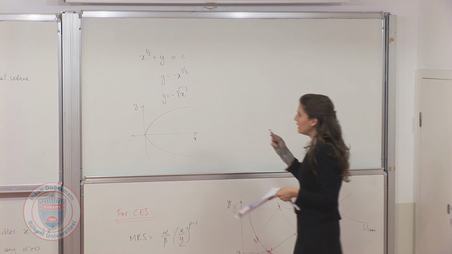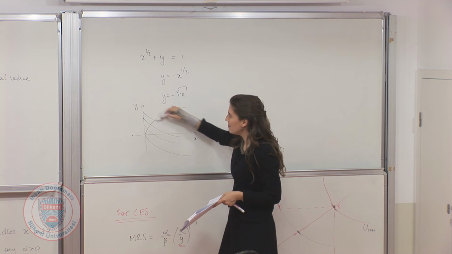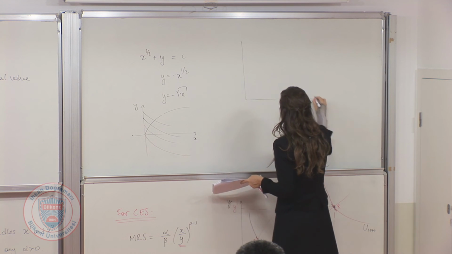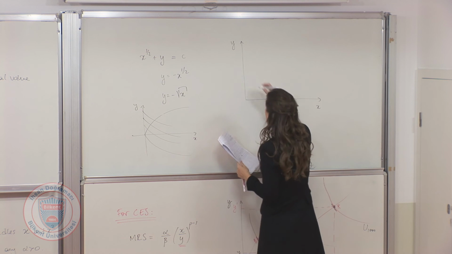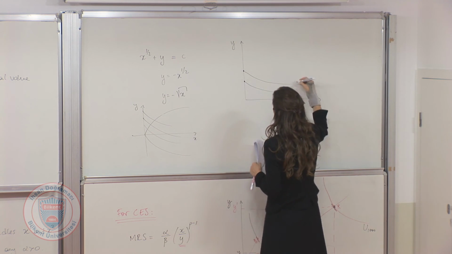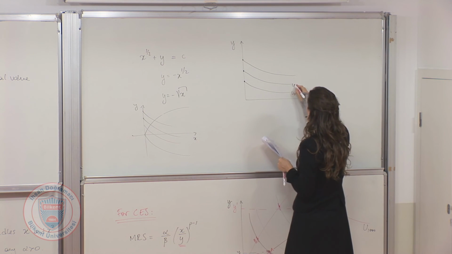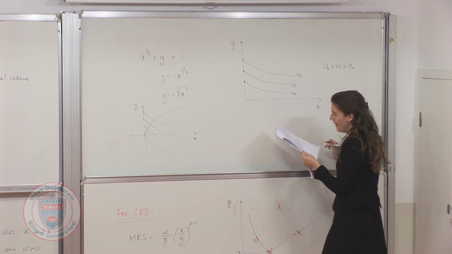So when it has different c's, it will have these curves. Apparently my indifference curves are like this. Let me draw them: y, x. So let's call them U0, U1, U2.